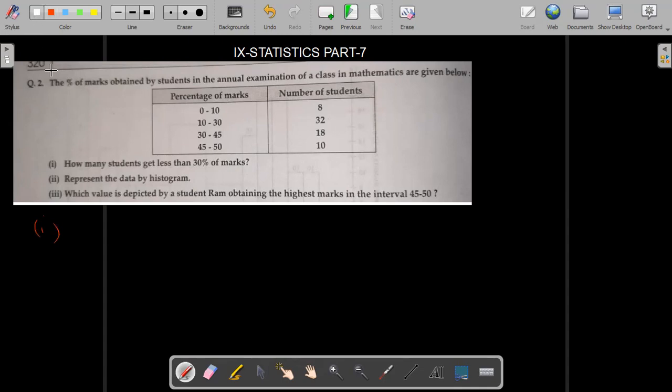How many students get less than 30% mark?